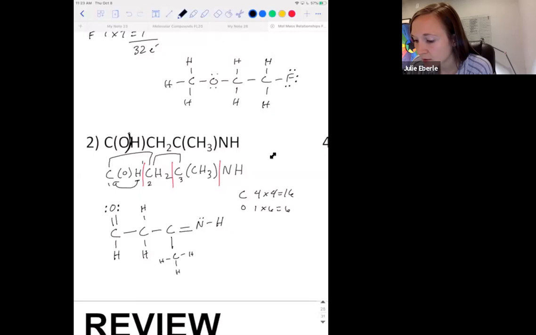Hydrogens, I see 1, 2, 3, 4, 5, 6, 7 hydrogens in our structure. Each one has 1 valence, and then we have 1 nitrogen, 5 valence. So total 11, 7, 18, and 16 is 28, 34.